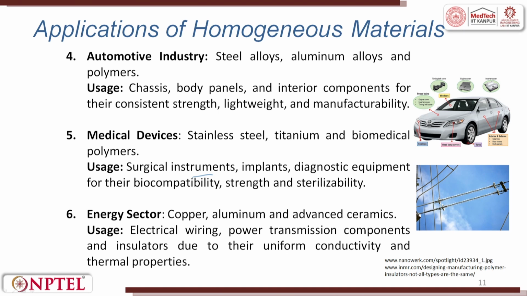When we talk about the electric segment, we always look for high thermal conductivity, low thermal expansion, high stiffness. So, the energy sector looks for copper, aluminum, and advanced ceramics. So, here electrical wire, power transmission components, and insulators have homogeneous property, otherwise it becomes very difficult to control.